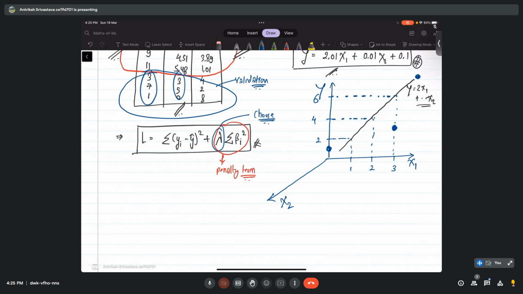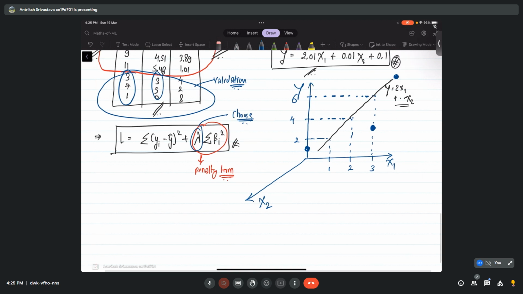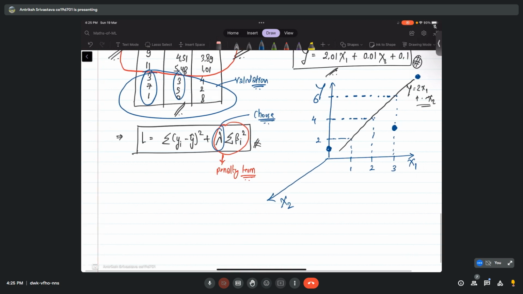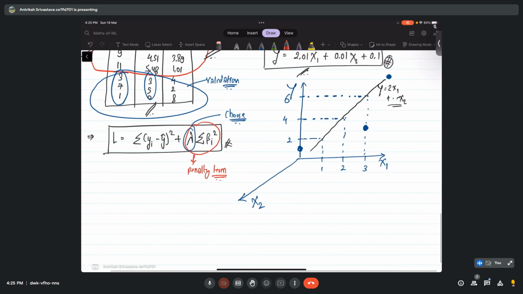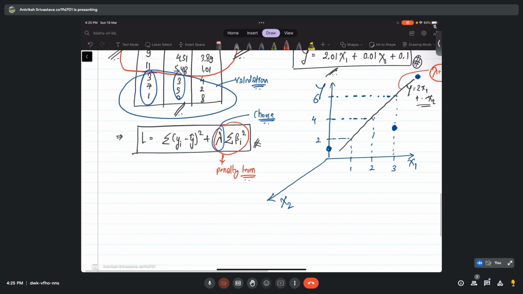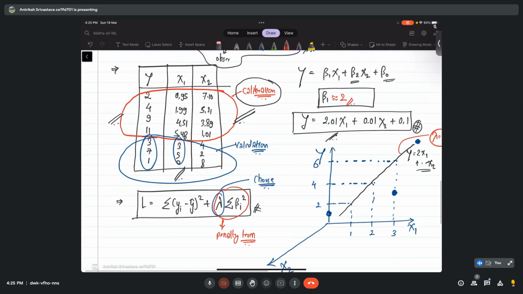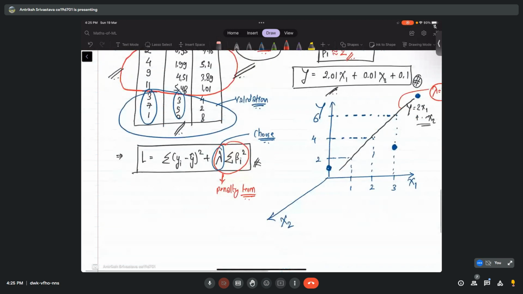What it basically does is it will try to rotate your fitted line. So this is the line that you have at lambda equal to 0. Now when you have some lambda and you have added this beta square into this error function, then it will try to reduce the error. Always, the training process is to try to reduce this error between the predicted and the observed values.